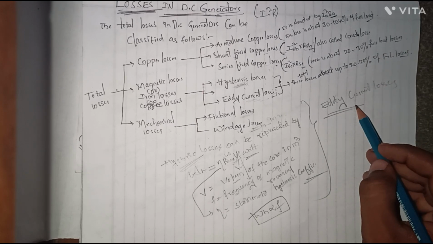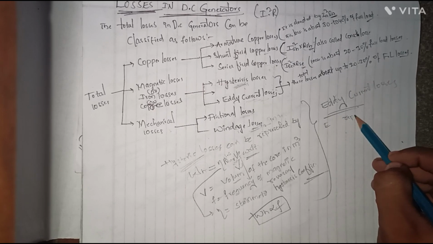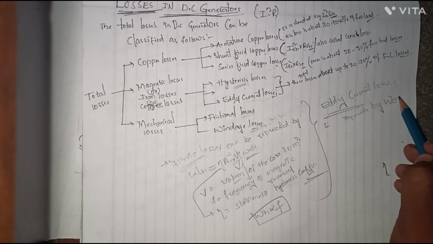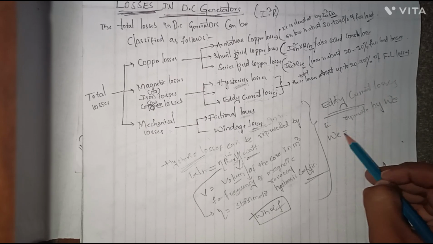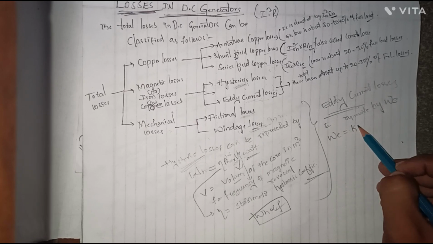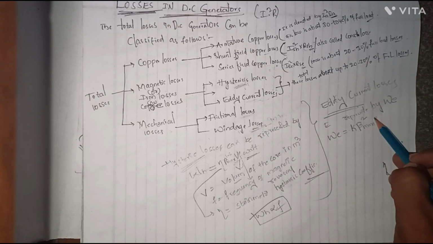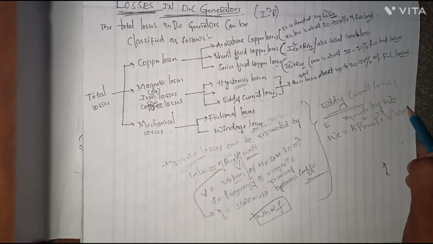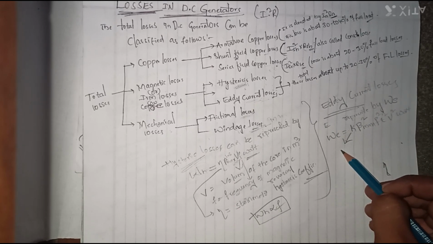Eddy current losses can be represented by WE. Okay, next formula: WE equals K times maximum flux density square, frequency square, T square, volume, in watts. Okay, K is a constant, depends on the electrical resistance of the core.